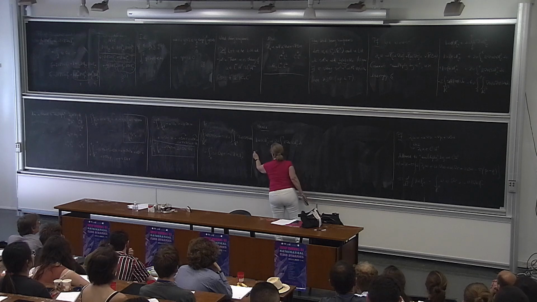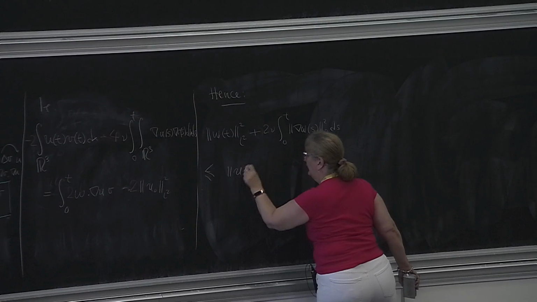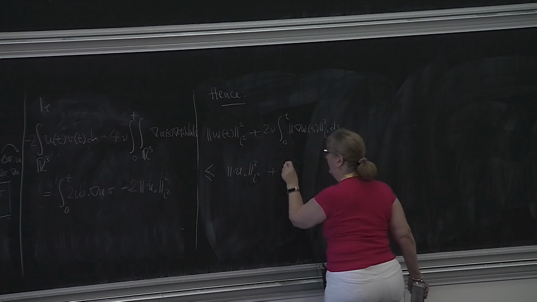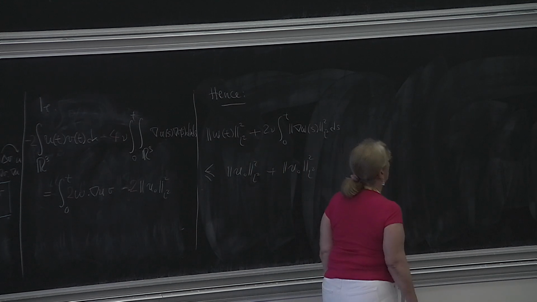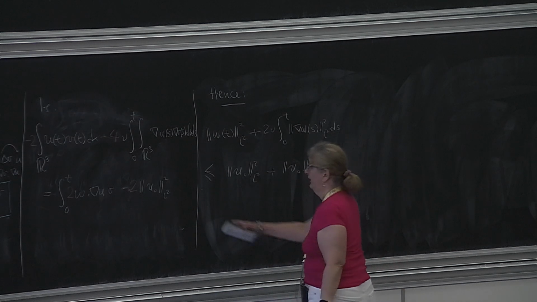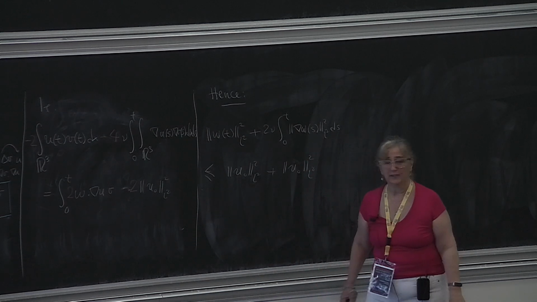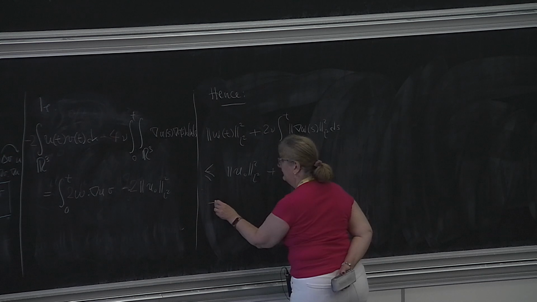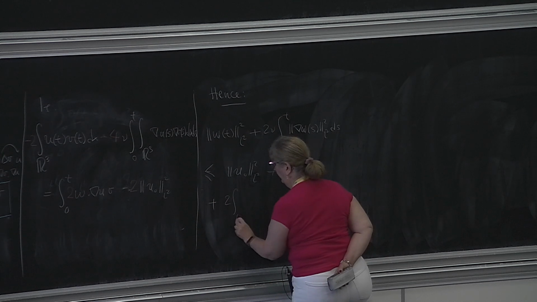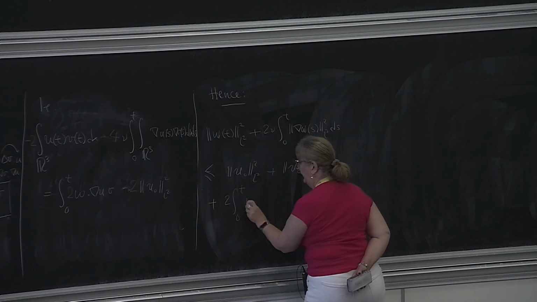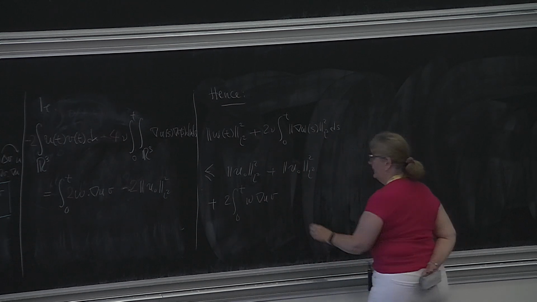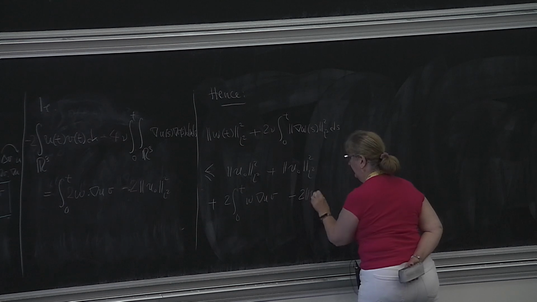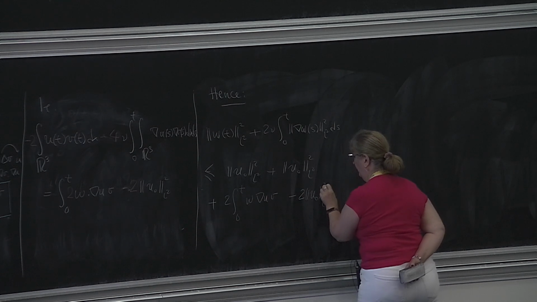So I'm going to have less than or equal to u naught L2 squared plus u naught L2 squared. I'm doing this for emphasis. Okay, and then plus this last term, which I have just identified in this way. Plus twice the integral in time of w grad u times v minus twice L2 squared.